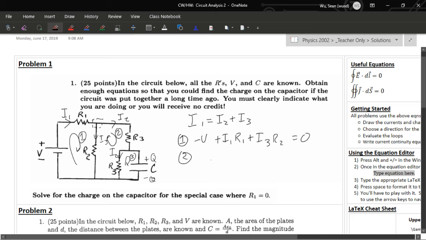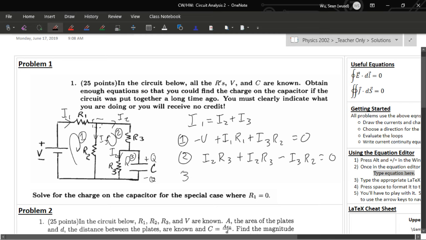For loop 2, going around this loop, we have I2 R3 plus I2 R3. Those are the same resistor. Minus I3 R2, because the current is going down and the loop is going around in the opposite direction, so that's a negative sign.